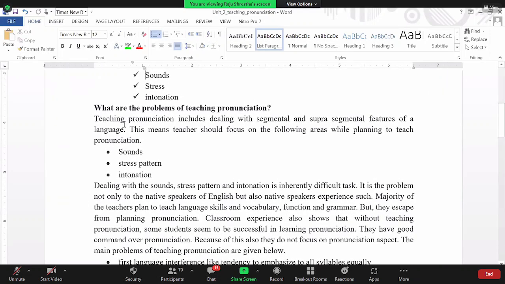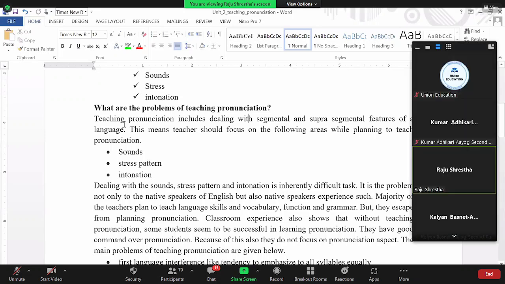So problems in teaching pronunciation include dealing with segmental and suprasegmental features. Segmental means consonant sounds and vowel sounds. Suprasegmental features are stress, length, juncture, pitch, tone, intonation.